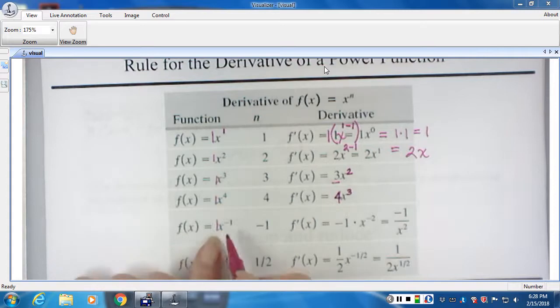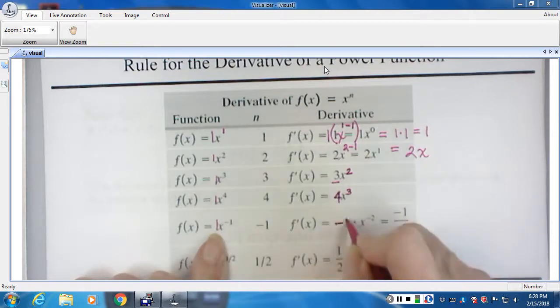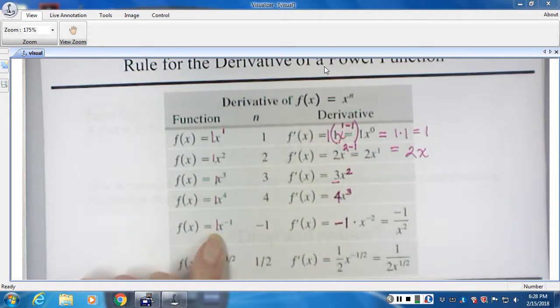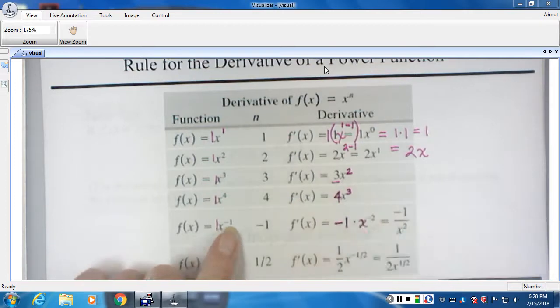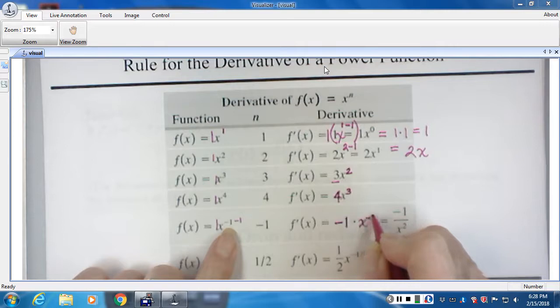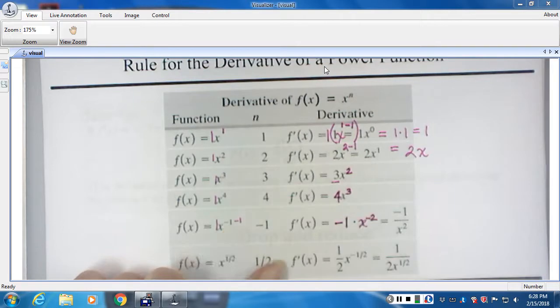If you have a negative power, that doesn't change anything. Negative 1 times 1x is negative 1, times x to the negative 1 minus 1 is negative 2.